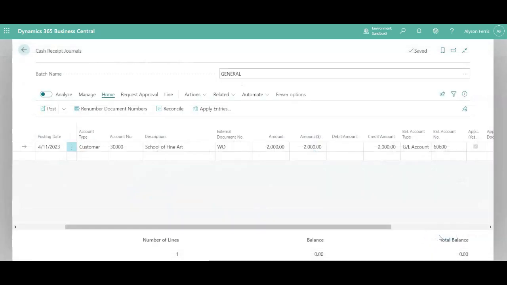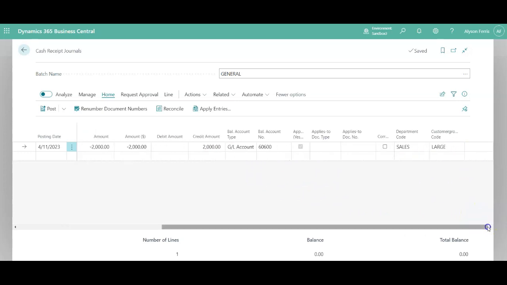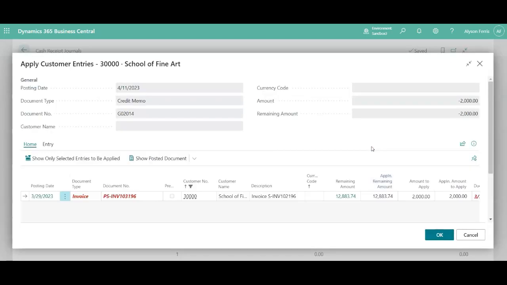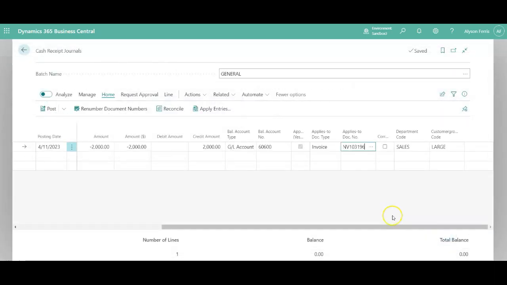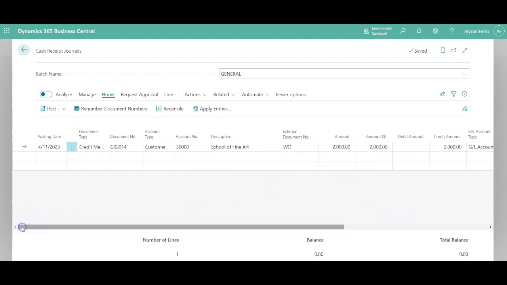Say okay to that. So now you see here, $2,000 I'm writing off. And if I just click back into here and say okay, it pulls that in here to my entry.